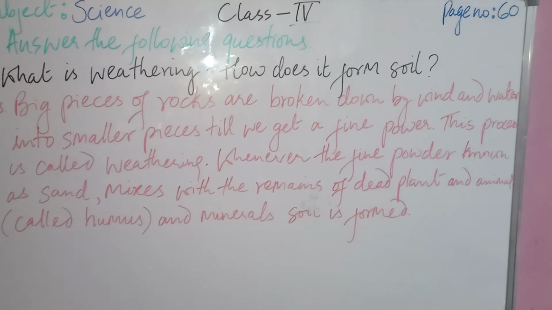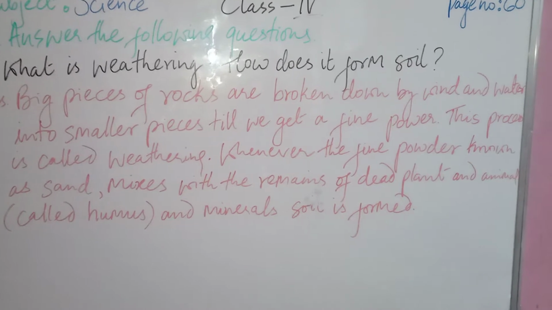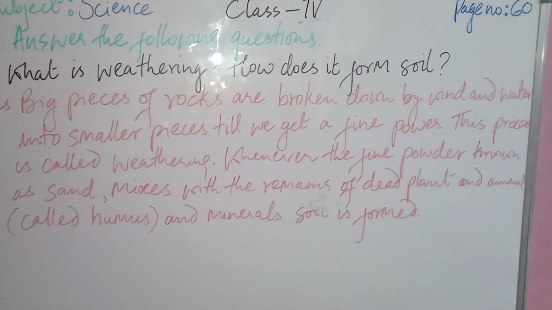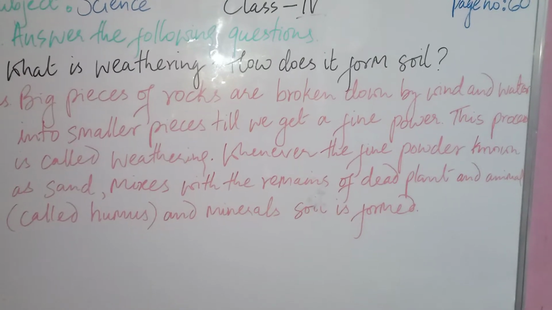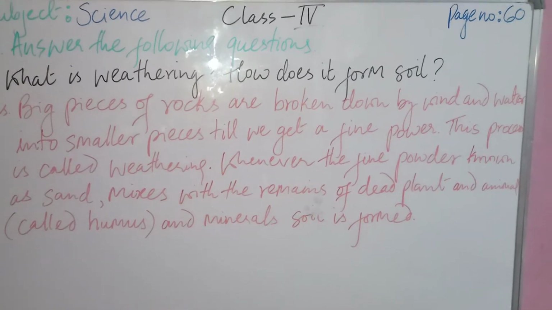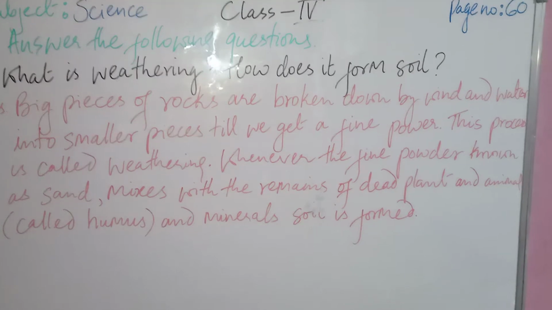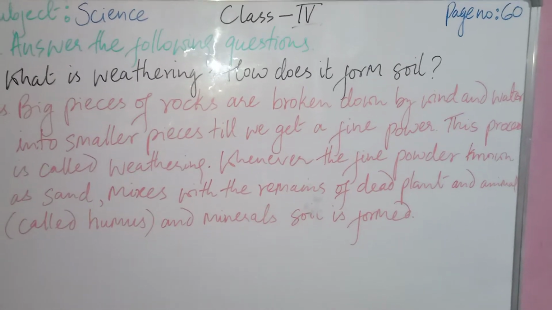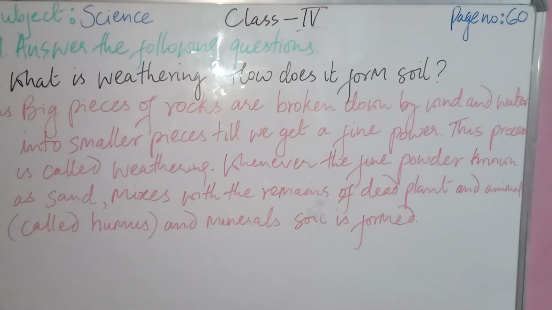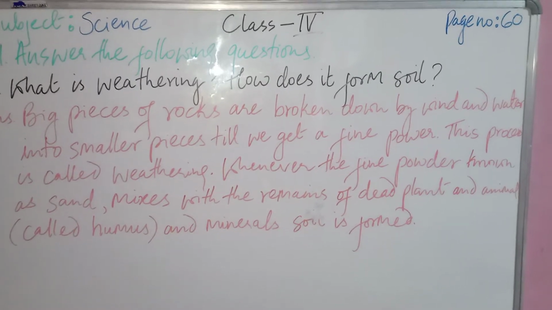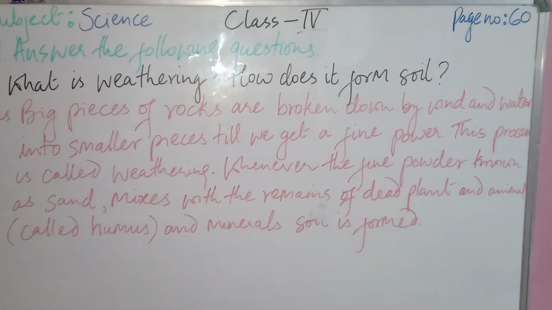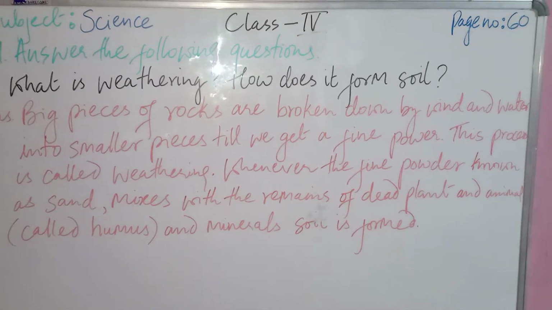This process is called weathering, full stop. Whenever the fine powder, known as sand, mixes with the remains of dead plants and animals, in bracket you have to write called humus, and minerals, soil is formed. Okay, so that much you have to write.